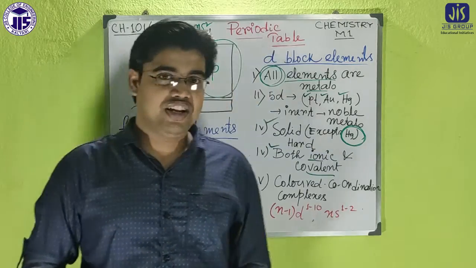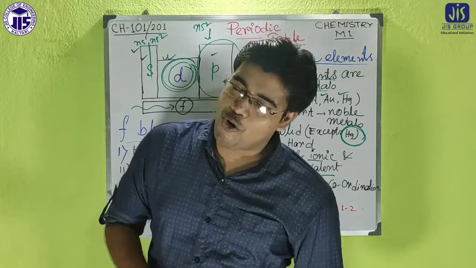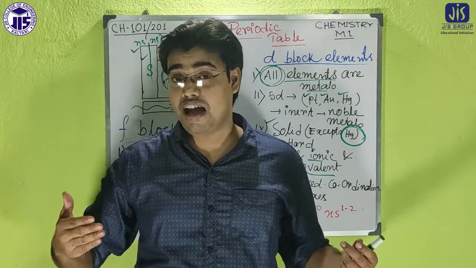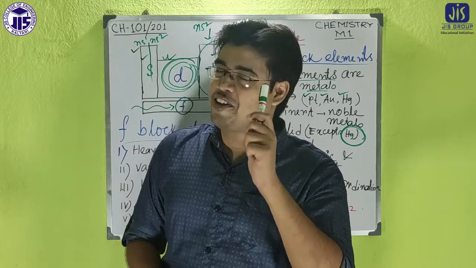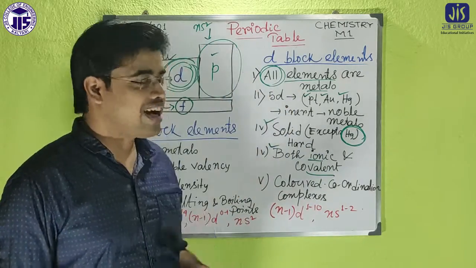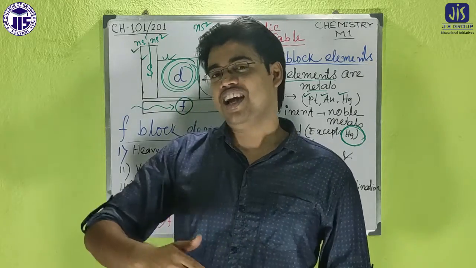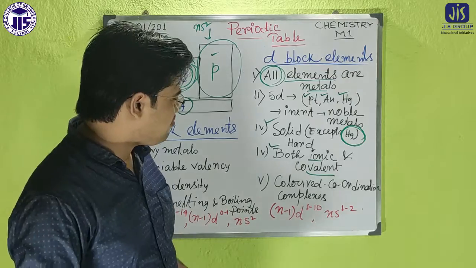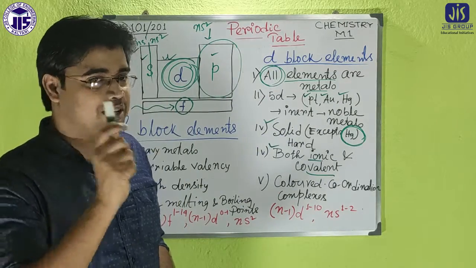Transition elements generally participate in the formation of coordination compounds. That is another important property of the transition elements, because depending on that fact there is another chemistry called coordination chemistry, which is totally different, depending on different concepts and phenomena. So that is also a very important point.